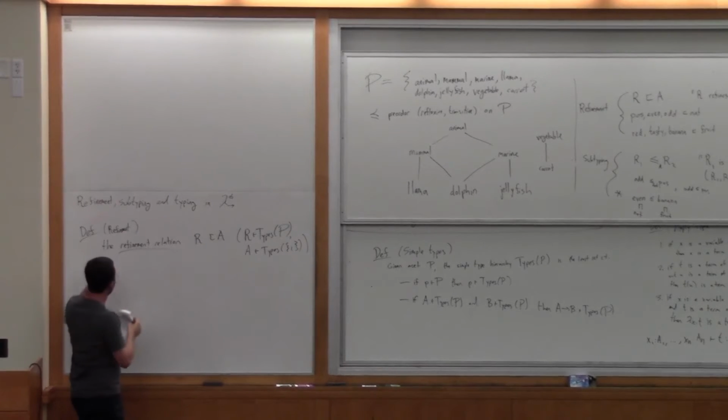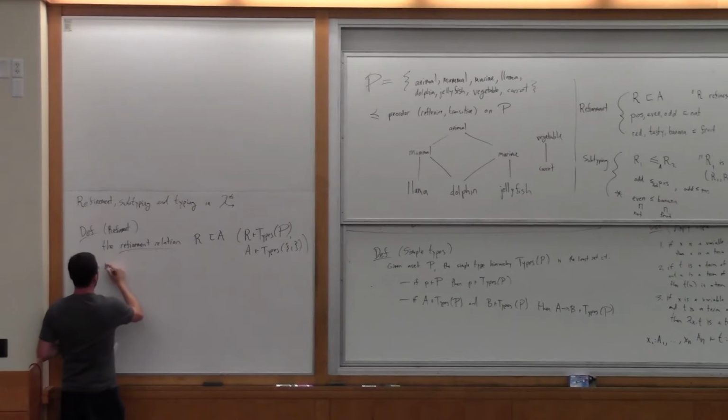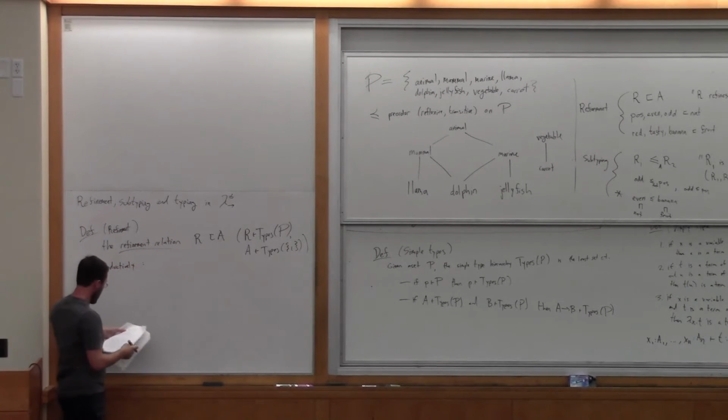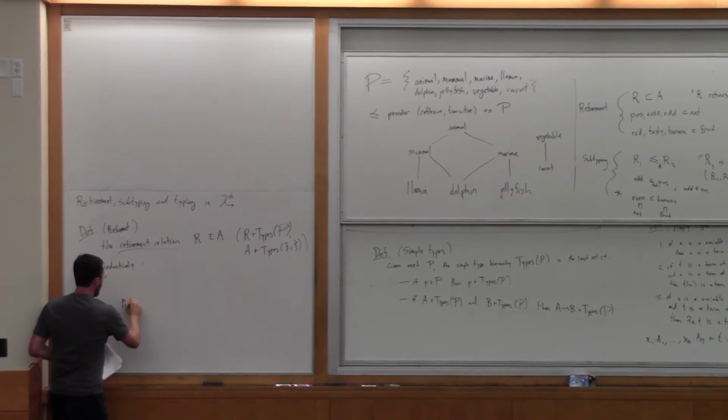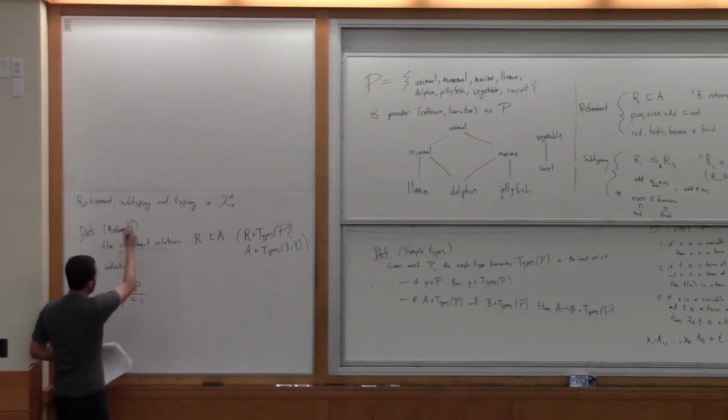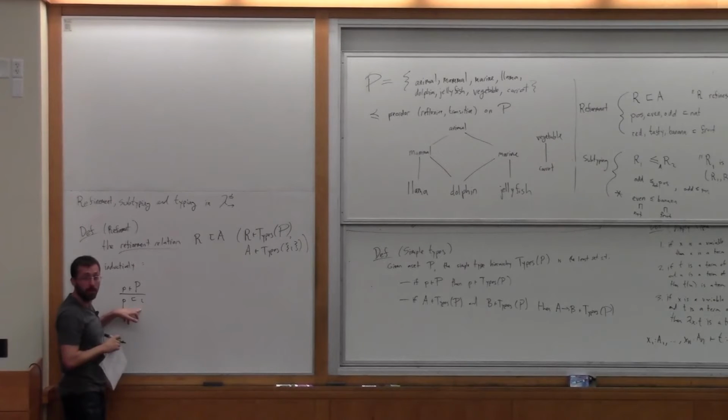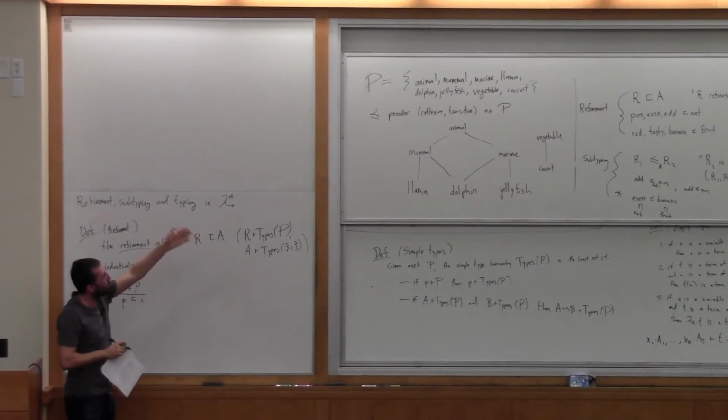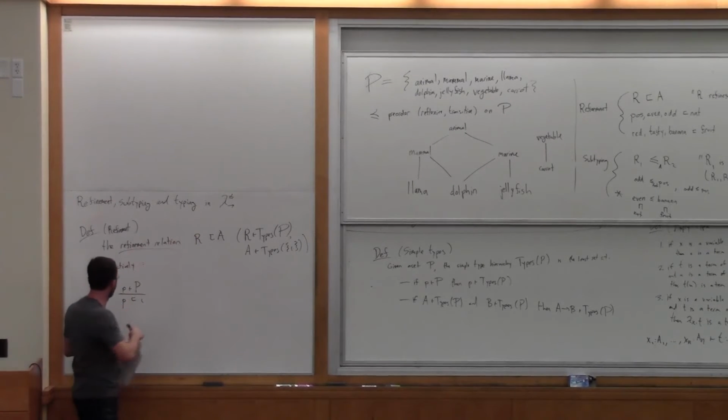So I'm going to define the refinement relation inductively like so. Any atom P, which is a member of this collection of atoms, refines iota. So again, mammal refines iota, llama refines iota.